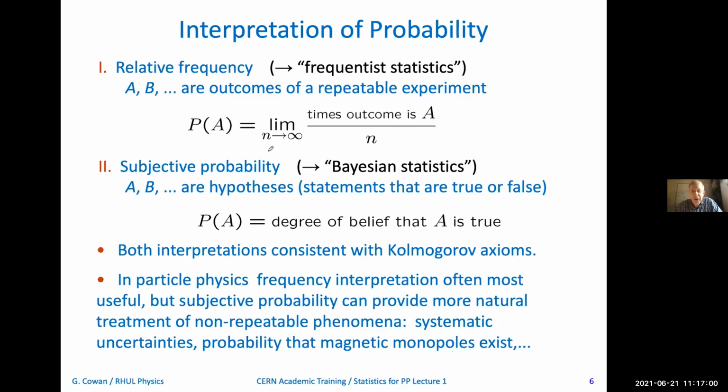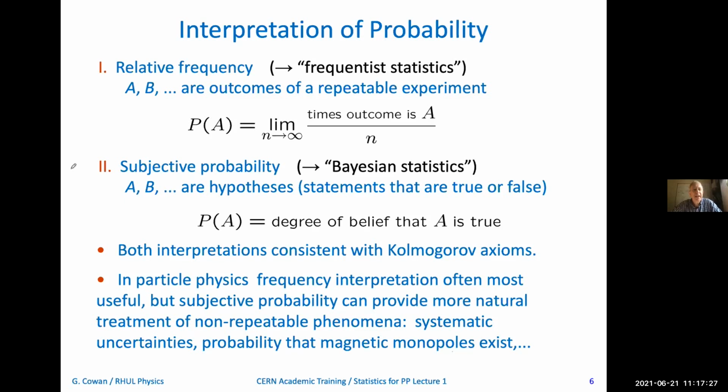It's clear that this is not a mathematical limit in the usual sense, but nevertheless, the intuitive notion is that if you were to somehow be able to repeat an observation a very large number of times, the probability would then converge to this value. All right, so that's the so-called frequentist interpretation of probability.